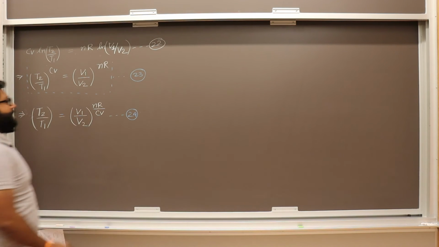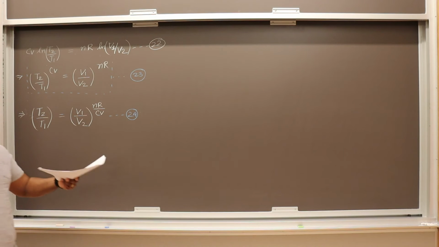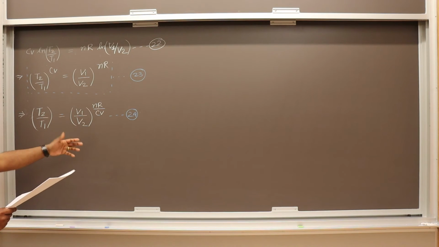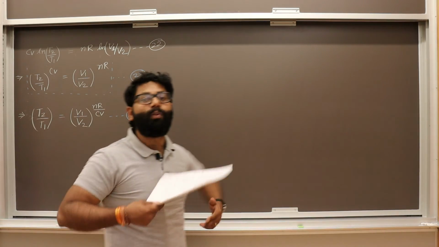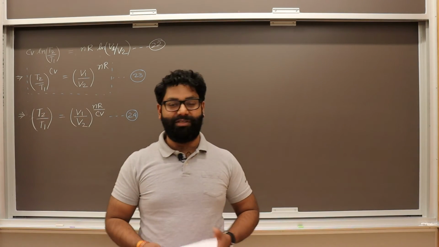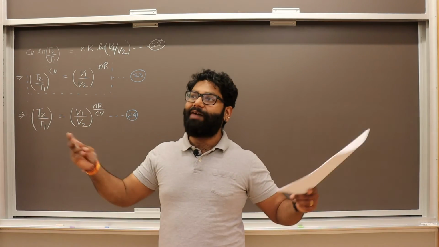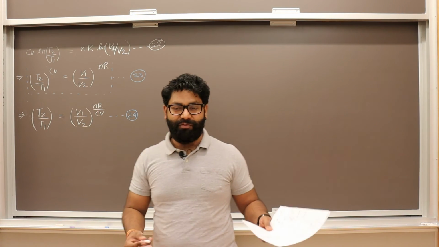Now, these are the three equations which are the most important equations for dealing with adiabatic processes, okay? So these are the types of relationships that we'll be using to solve numericals and things like that in future. Now, why are adiabatic processes important? Like, why do we care about these things? Because most of the tropospheric, so we have an atmosphere on Earth, right? The lowermost, thickest layer is called the troposphere.